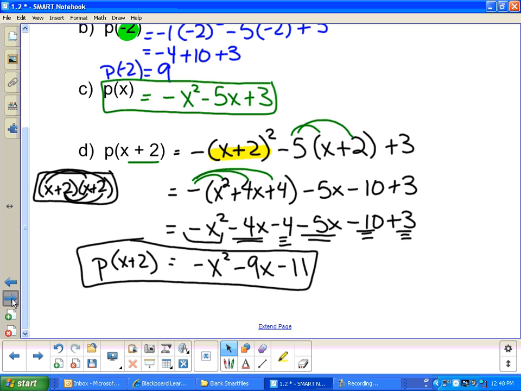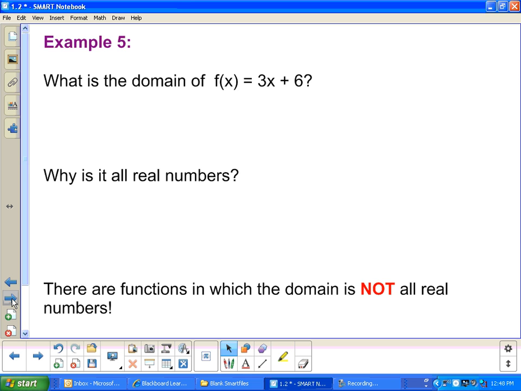Example 5. What is the domain? Remember from Algebra 2 we talked about domain. What values of x can I put into this function? In this case, I can put in any value of x that I want, and it'll still be a defined function. So my domain is all real numbers.